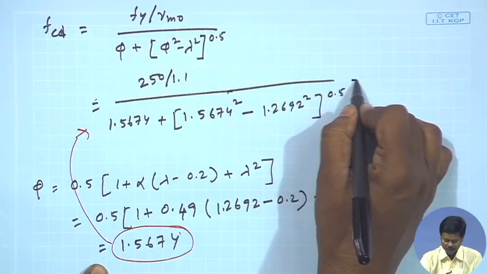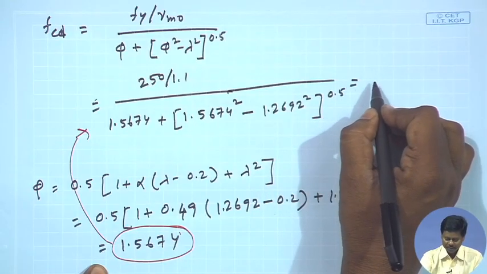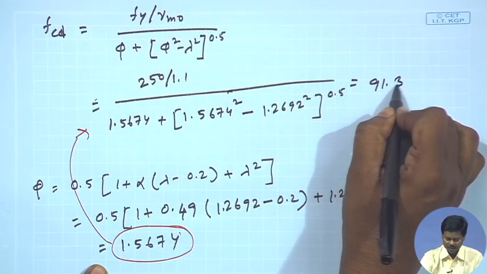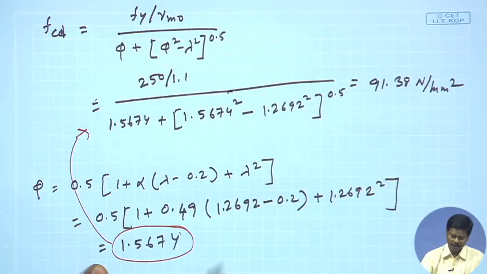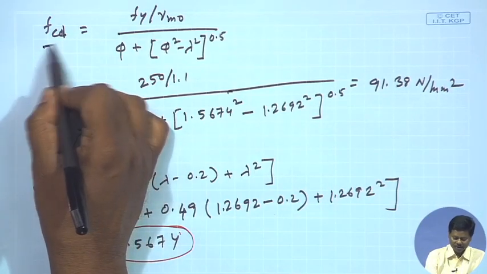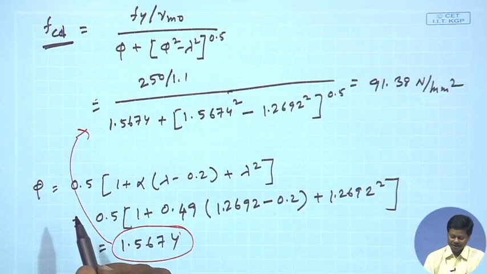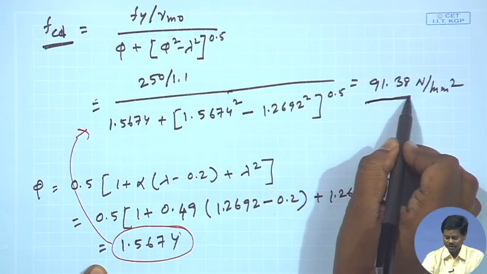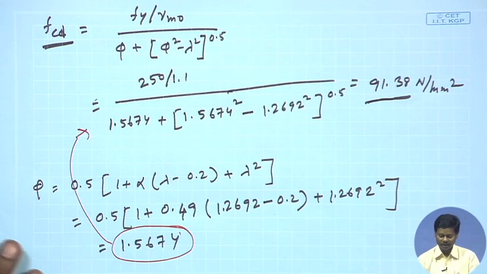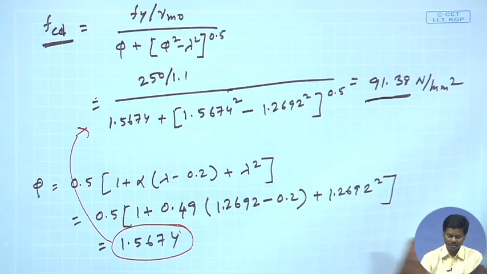After calculation we can find out FCD value as 91.38 Newton per millimeter square, right. So, the design compressive stress of such type of angle can be calculated as we have shown, and for this particular case we are getting 91.38 Newton per millimeter square.